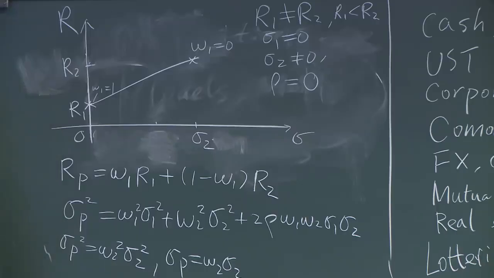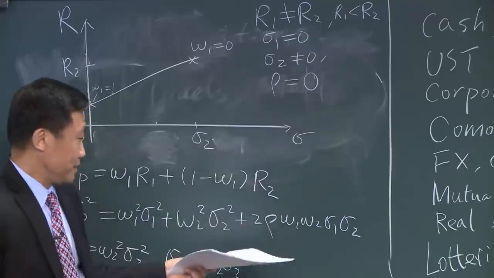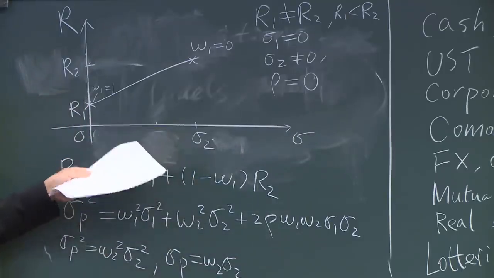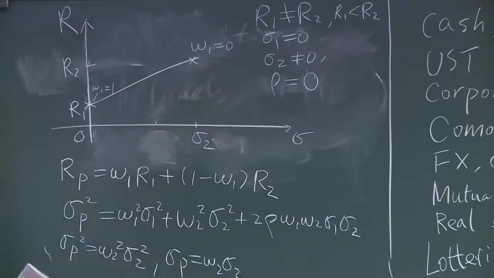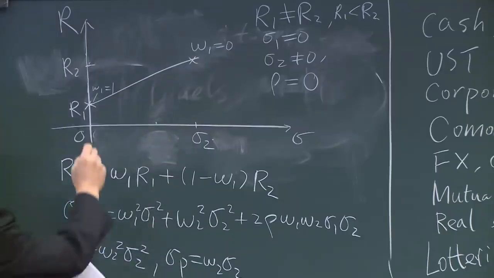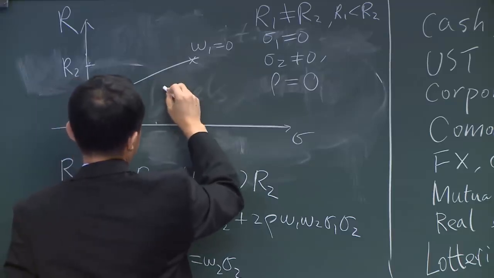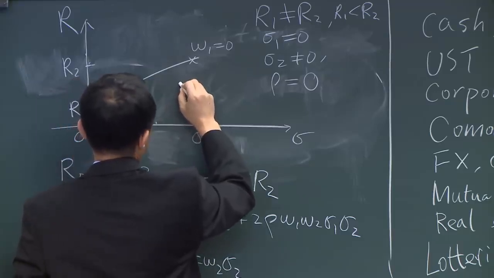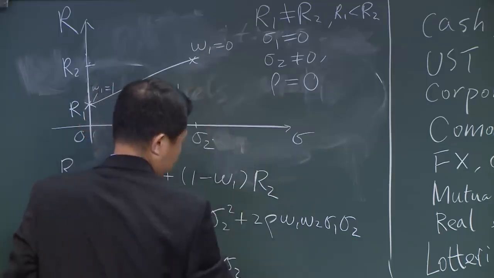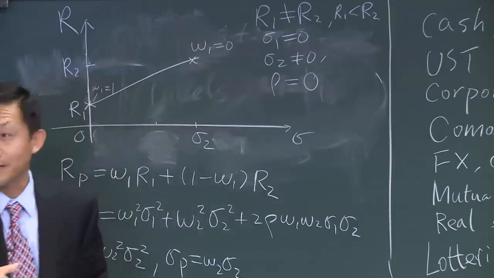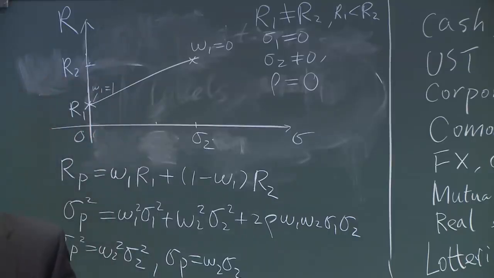Okay, so in these cases return is a linear function, and the slope. What is the slope of this? Oh, let's wait on the slope so we can come back to this, because this actually relates back to the so-called capital market line or capital allocation line.